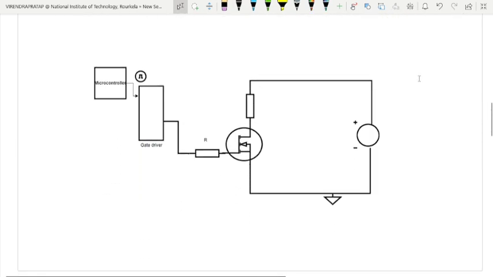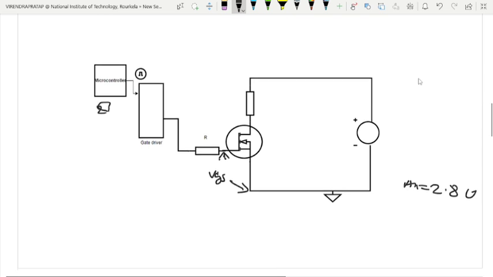In this slide, we can see the gate driver circuit is placed between the microcontroller and the MOSFET. Here for VGS, we need to apply a voltage above the threshold voltage, which I have taken as 2.8 volts. Whatever the requirement of current and gate-to-source voltage, that voltage and current will be provided by the gate driver circuit, because the microcontroller will not provide 15 volts in some cases, and that much current.